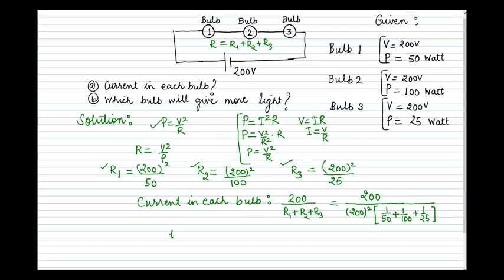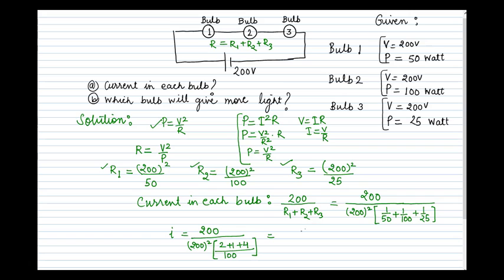So I is equal to 200 divided by 200 square. If I take 100 as LCM, then it will be 2 plus 1 plus 4. The 200 will cancel out, so this is only 1 and the 100 will go upward.